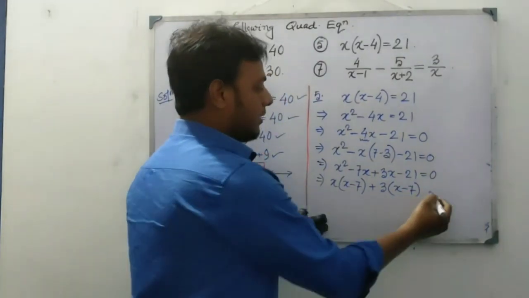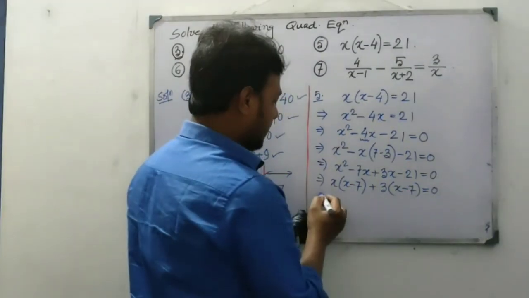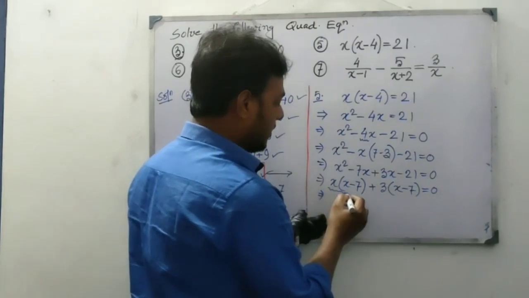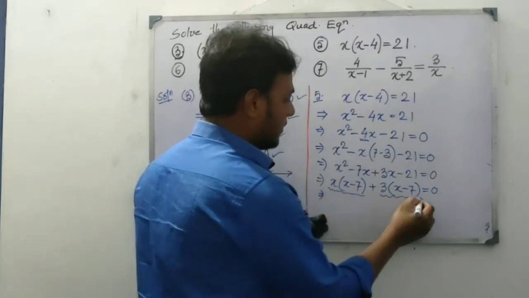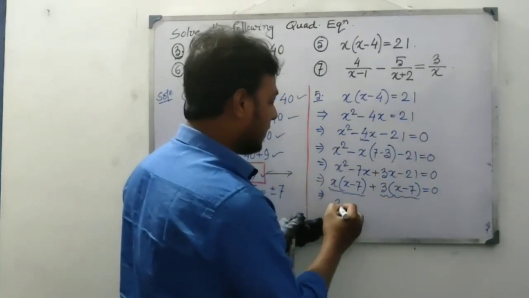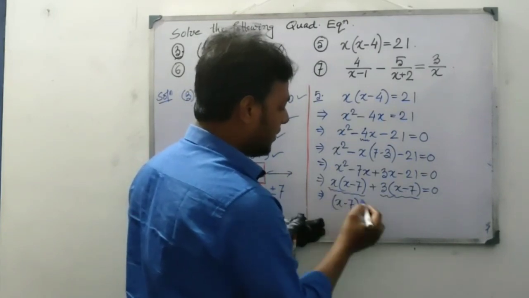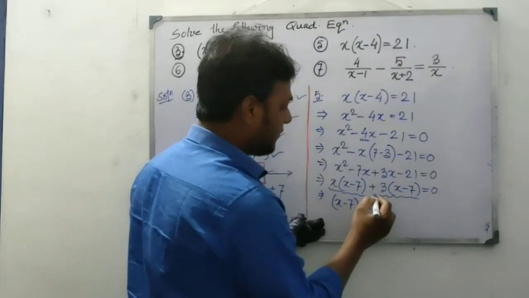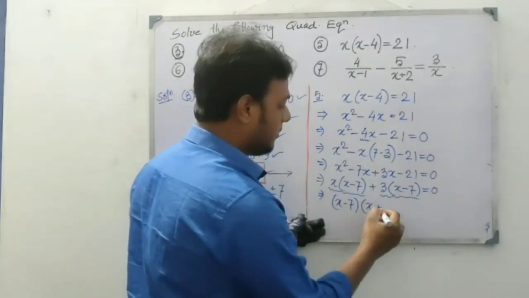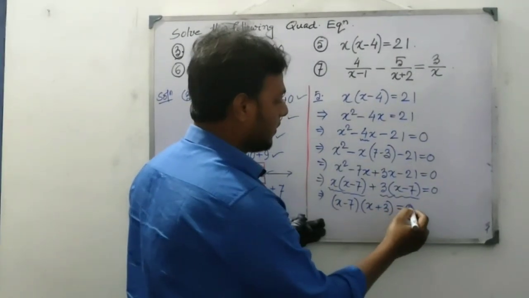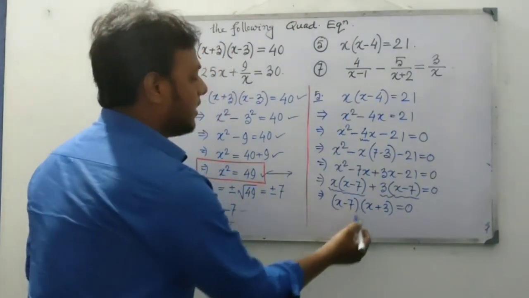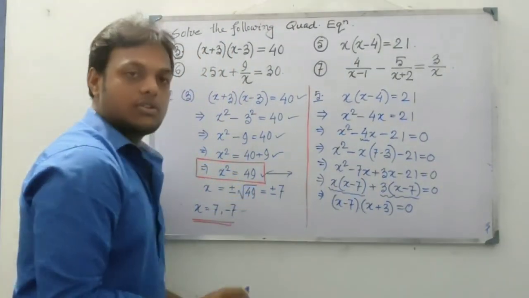Now there are two terms; from these two terms take common x minus 7. In the first term x will be left and in the second term it will be 3. So x minus 7 into x plus 3 equals 0. Now we get two factors.